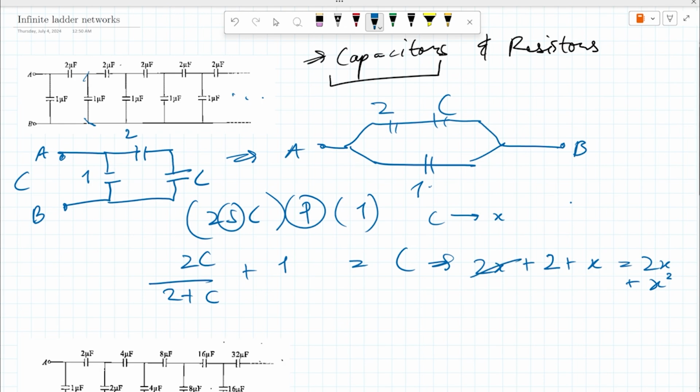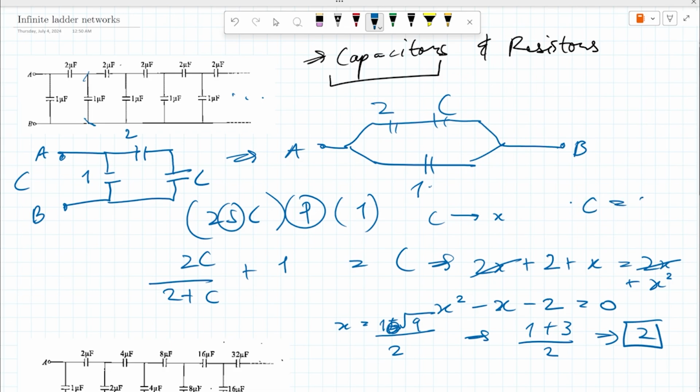Then we can essentially cancel it out, and x squared minus x minus 2 equals 0. Then we can just solve this equation to get what we are looking for, 2. So C equals 2. Right. We have already figured out that C is also equal to the total capacitance and this capacitance.